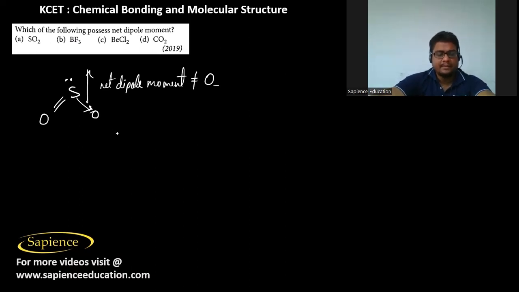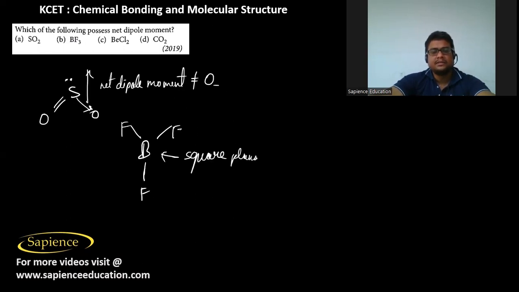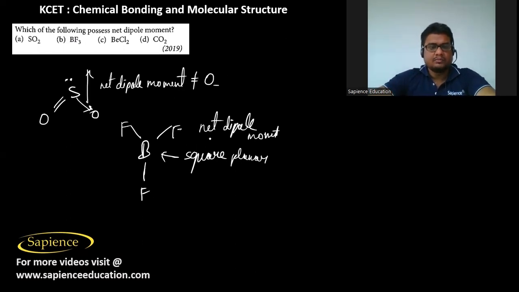And in case of BF3, each boron atom is covalently linked with three fluorine atoms. So the shape will be trigonal planar, and it is a symmetrical shape also. So here the net dipole moment will be zero. The net dipole moment for BF3 will be zero only. And in case of BeCl2, here we have linear shape.